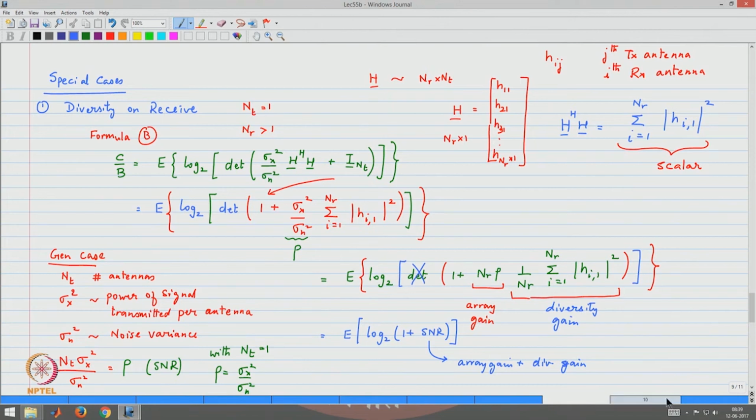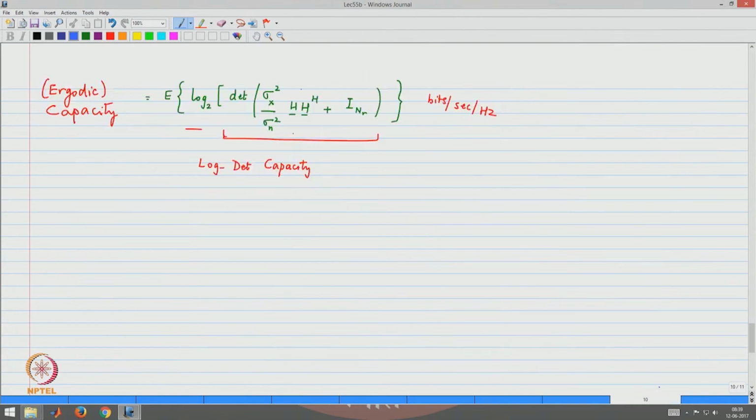Okay. So, diversity on receive is completely explained in terms of the log det capacity and shown to match the expression that we have derived earlier.